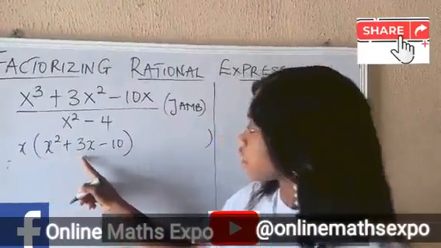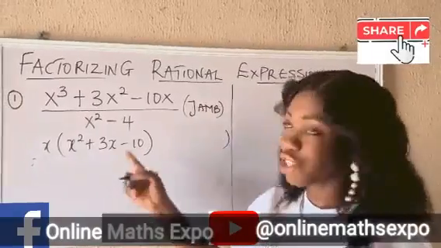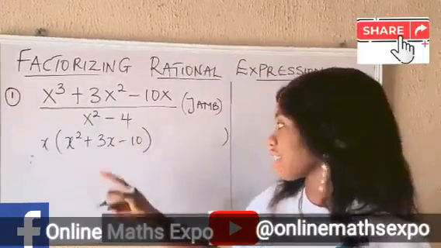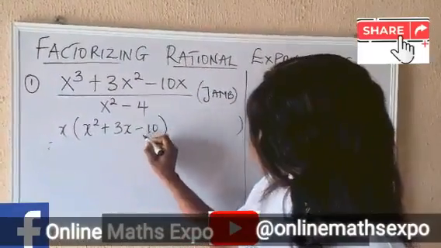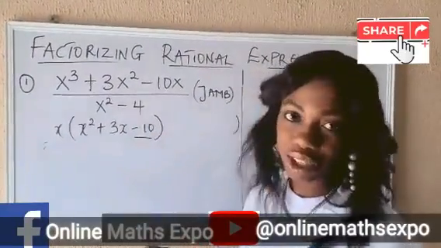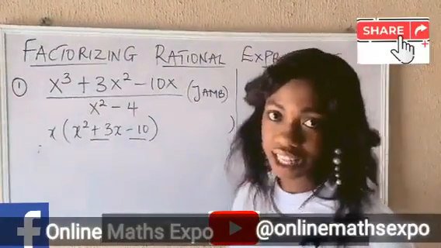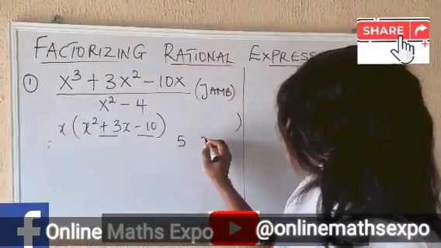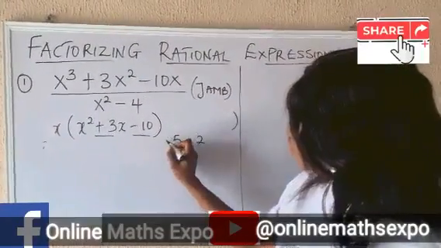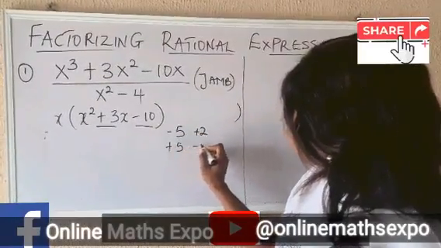So since the one in the bracket has become a quadratic expression, as usual, we can factorize this. Remember we need the two numbers that when you multiply give us minus 10, and when you add give us plus 3. So what two numbers? We have 5 and 2. So it will be minus 5 plus 2 or plus 5 and minus 2.